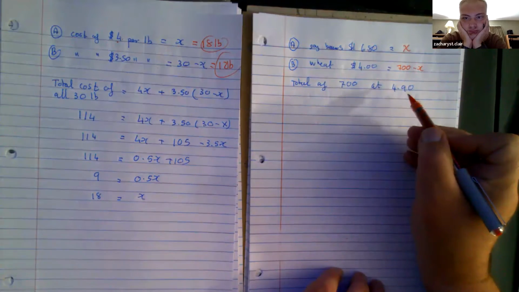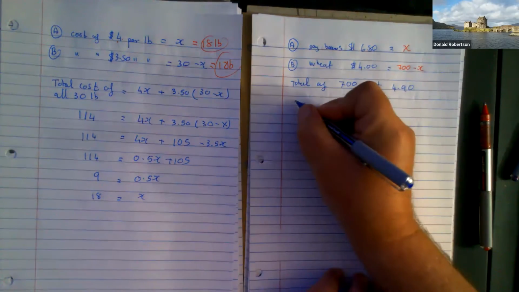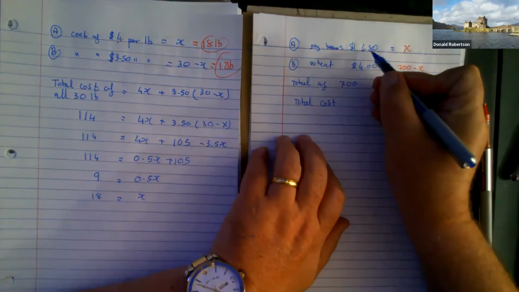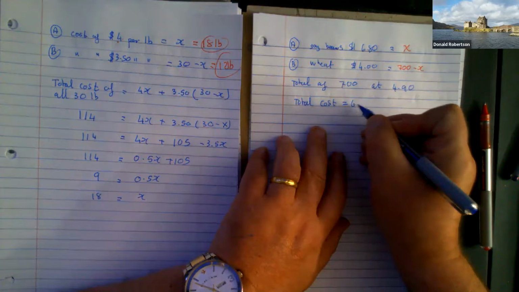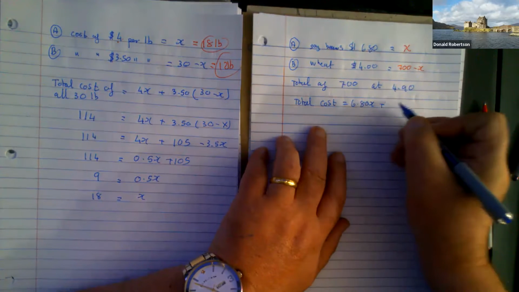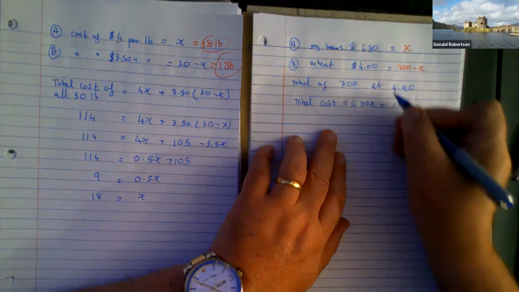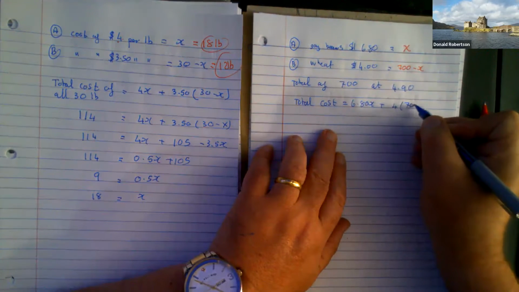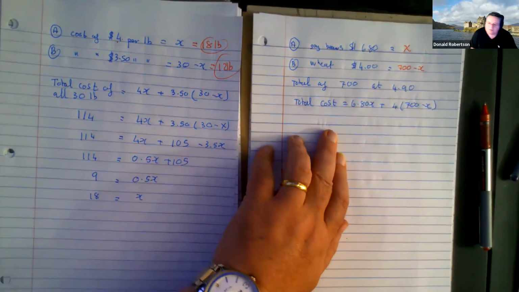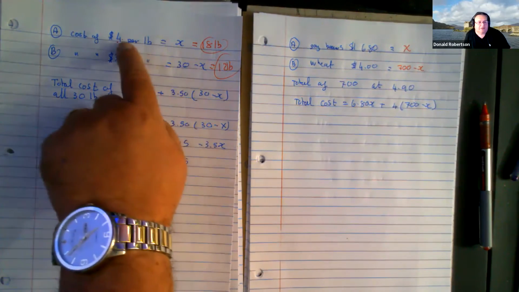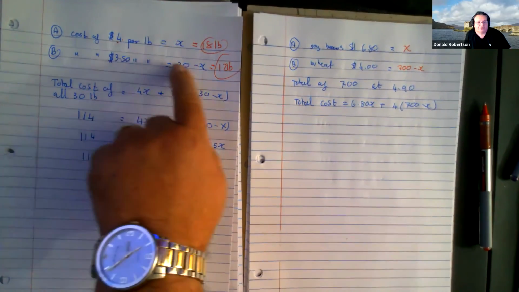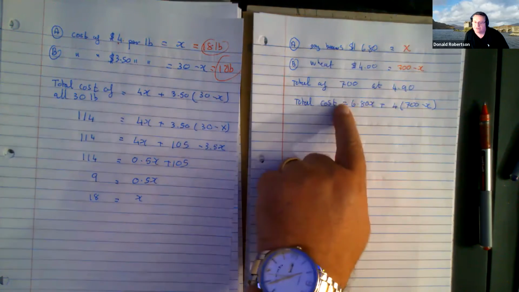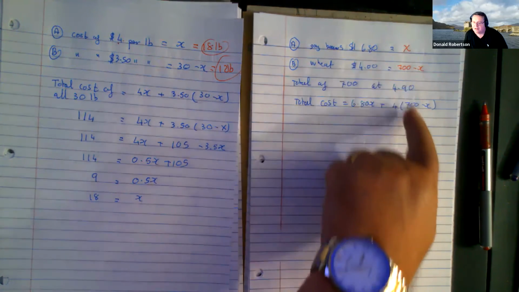Now, the total cost is going to be made up of $6.80 of this guy, plus $4 times this guy. Can you see it's like 4 times X and 350 times that, right? 6.8X, and 4 times that guy.